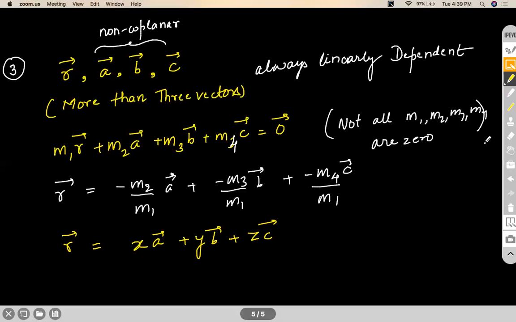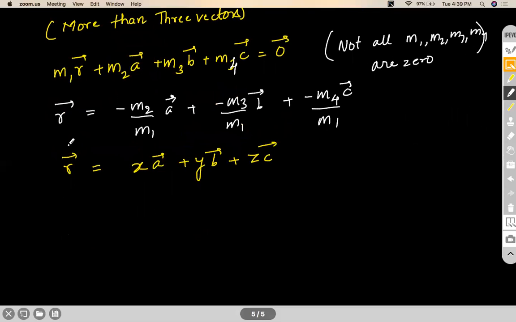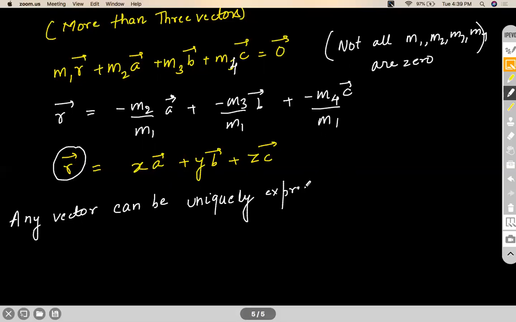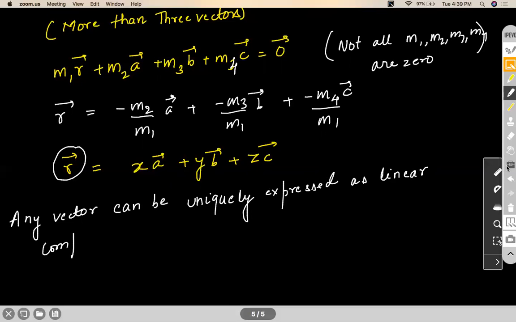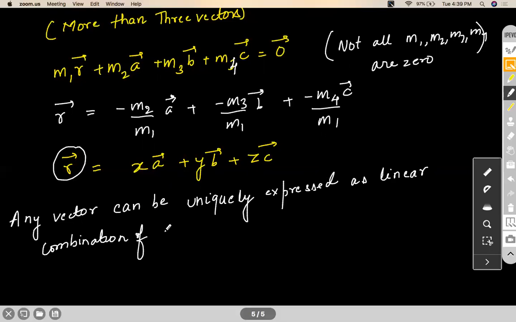What I'm trying to explain over here is that any vector can be uniquely expressed as a linear combination of 3 non-coplanar vectors.